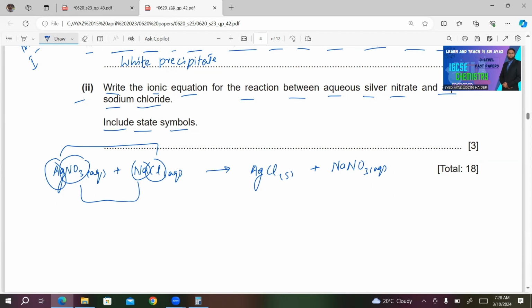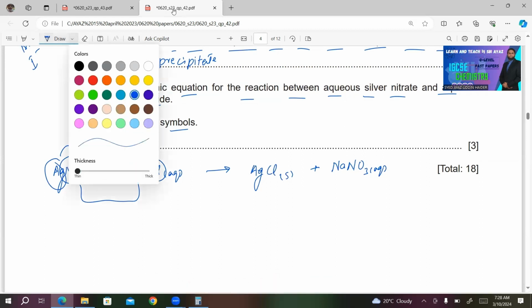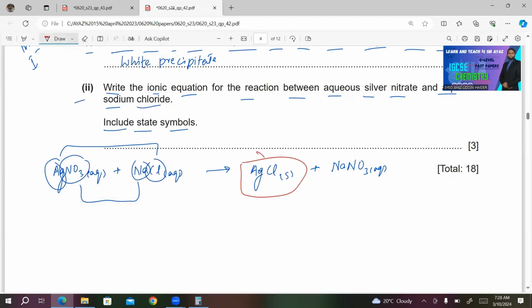Now, in order to write the ionic equation, I need to break up only the aqueous species, not the solid. This will not break up.